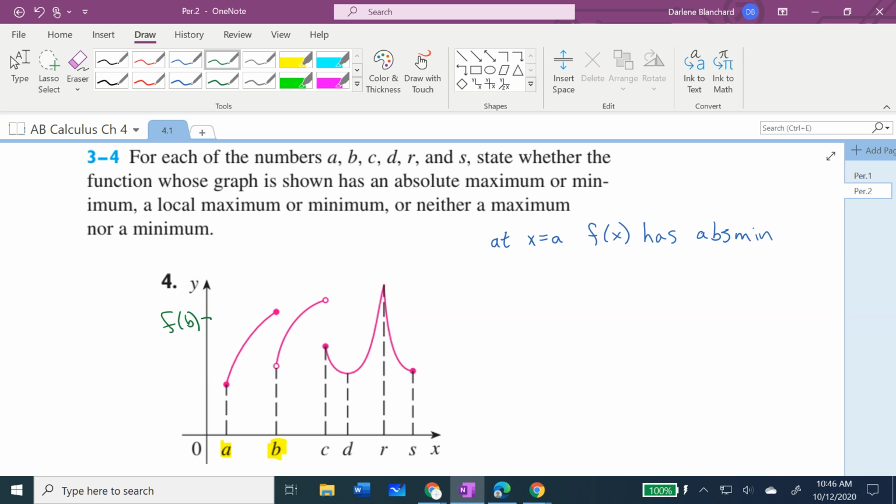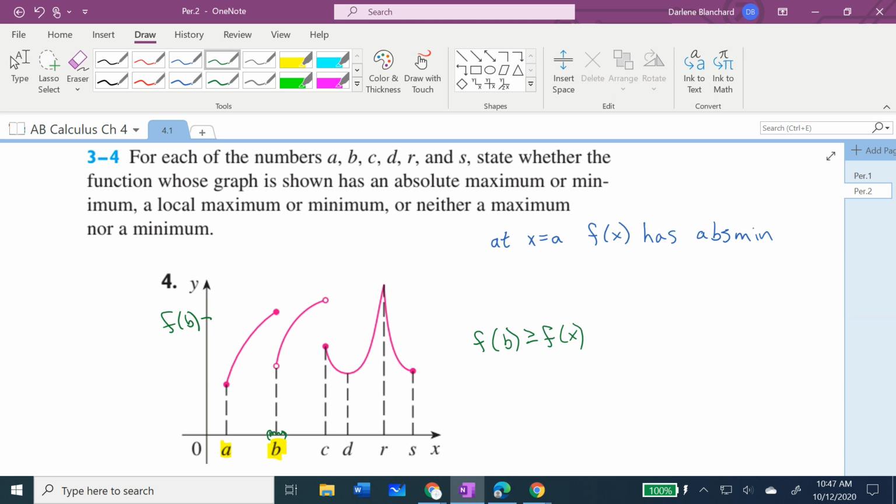The definition of local minimum maximum says that you need to look at an open interval containing B. Is that value, f of B, greater or equal to all f of x values for a small interval of x containing B? Yes.